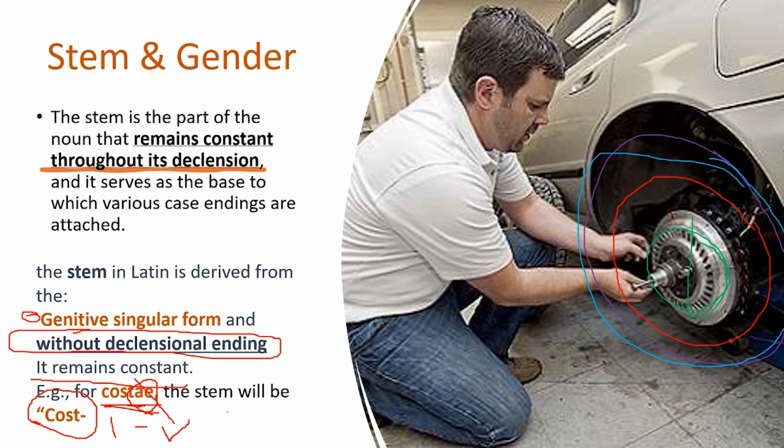As it ends in A, I'll use this stem. So this is costa, a nominative singular. As you can see, it ends in A. As we will see in a minute, all first declension nouns end in A. So this is feminine.